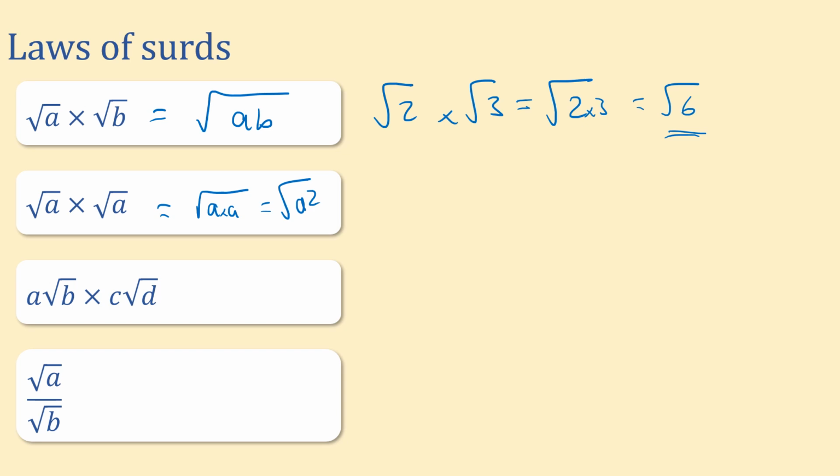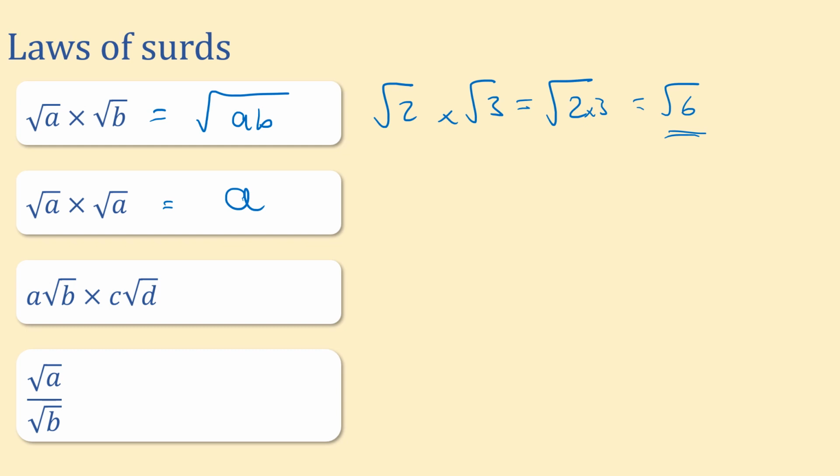The square root of a squared is just a. So if I take a square root and multiply it by itself, we just get what's inside the surd, just a.